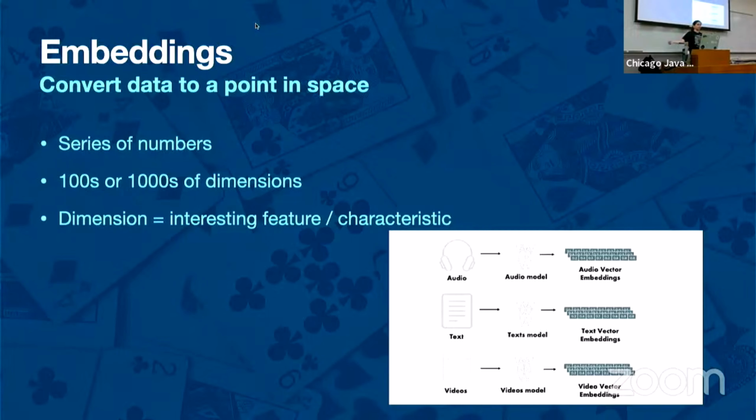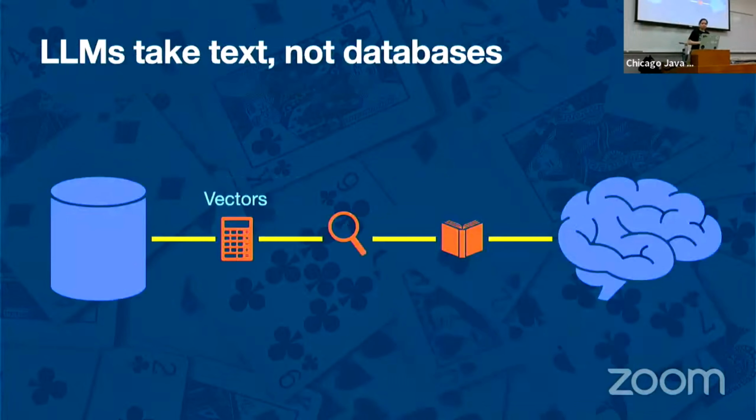So again, thinking back to that Star Trek Discovery, not only do you want to know the trajectory, but what are all the stops along that way that make up that path, right? So all the interesting things that you might have for a piece of audio or a video, now we can start comparing different types of data where we couldn't compare a video and a text document before. Now we can, because we're converting them down to a series of numbers that then we can compare, all these various things that we couldn't do before.